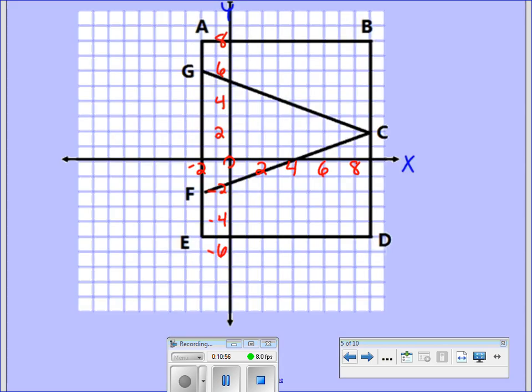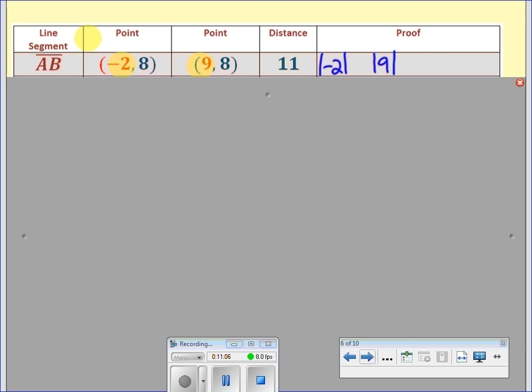And I could always double check here. We're looking at AB, so we did cross over the y-axis. This is a horizontal line because my y coordinate is the same. So am I going to add these or subtract these? Add. If you want to rewrite it with your absolute value, then your distance is 11.